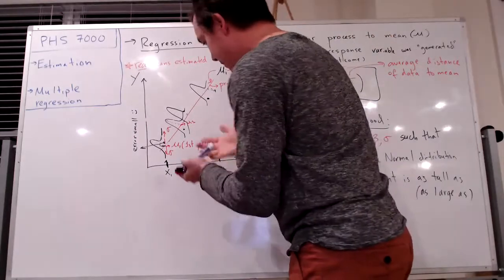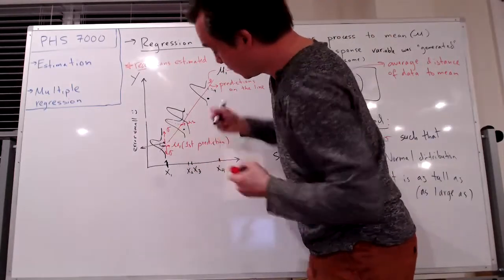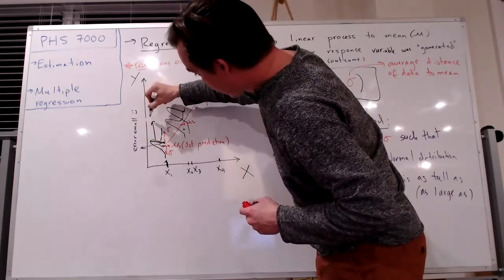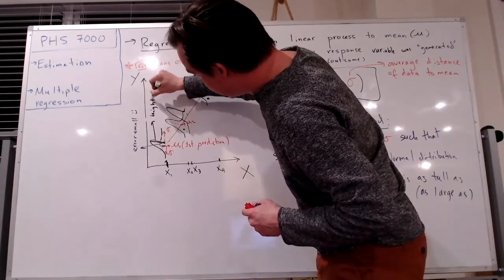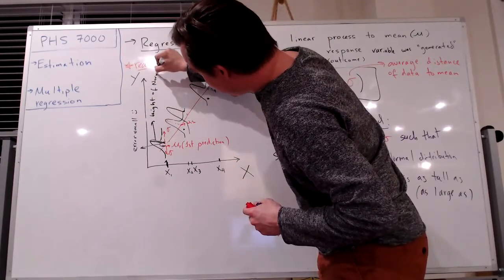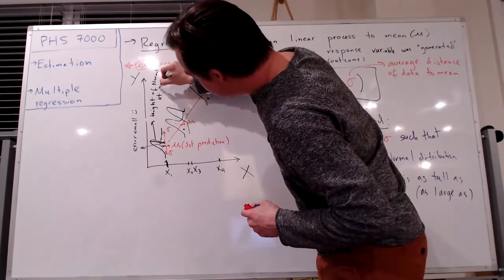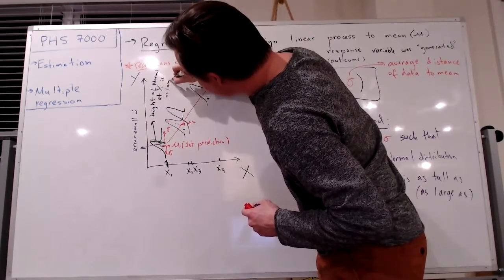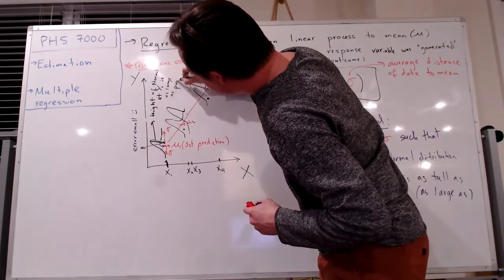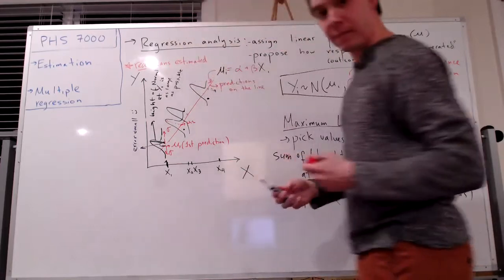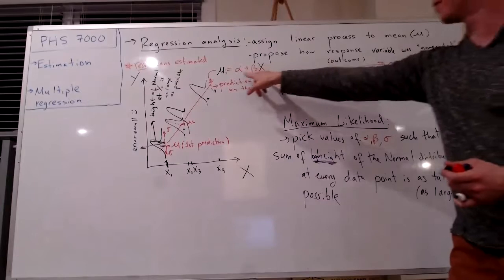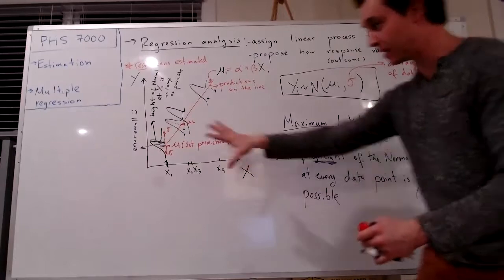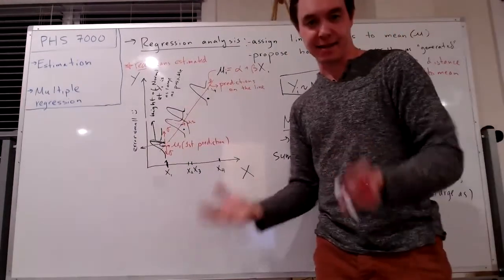And the height of this normal distribution at y1 is as large as possible. And so we pick these three parameters to make sure that the sum of the natural log of the heights across our entire data set is as large as possible.